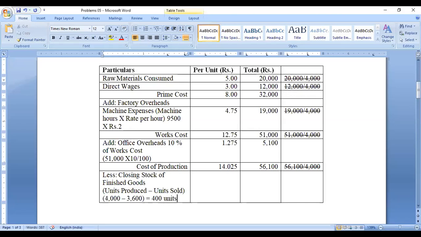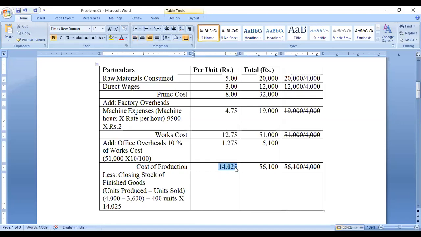Now what is the value of the 400 units? We need not worry about that value, because it is already calculated. That amount is rupees 14.025 from the above cost of production. So you have to take this value here, multiplying the finished goods units by the unit value.